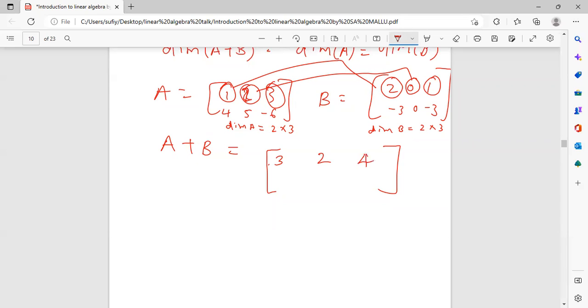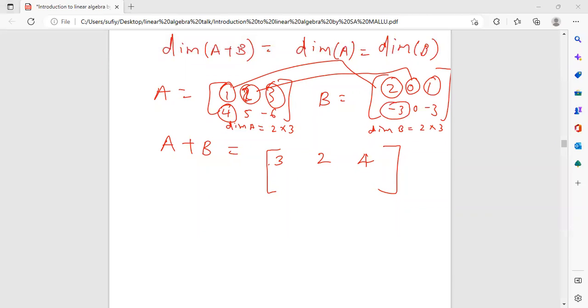That is 4. And then we have 4 minus 3. Sorry for that, guys. We have 4 minus 3, which is 1. Then we have 5 plus 0, which is 5. And then we have minus 6 plus minus 3, which gives you minus 9.